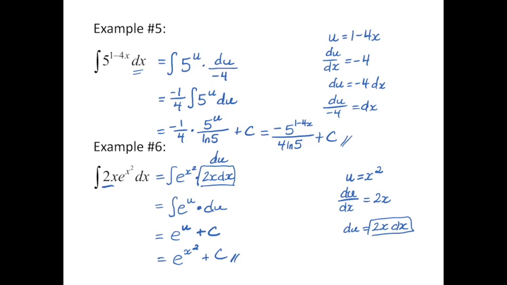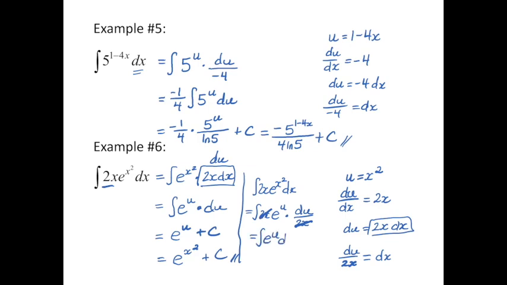Alternatively, instead of rearranging to get 2x dx equal to du, we could have said that du over 2x is equal to dx. And then taken our integral, I'll just box it off here, and said our integral of 2x e to the x squared dx becomes the integral of 2x e to the u times du over 2x, and then canceled out the 2x to leave us with the integral of e to the u du.